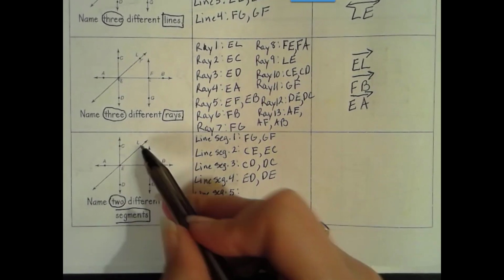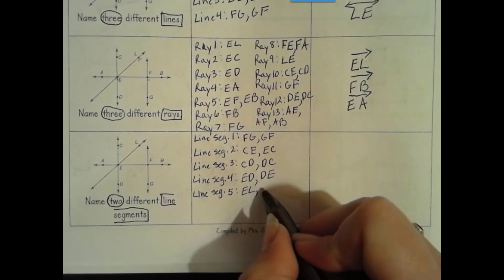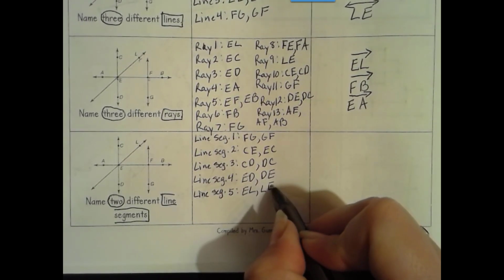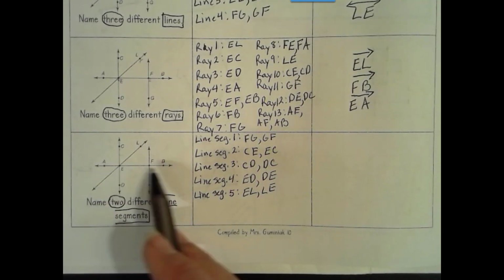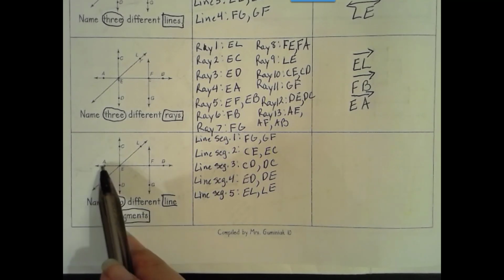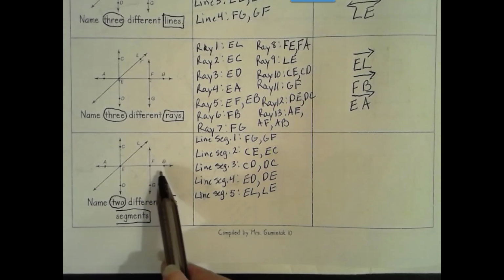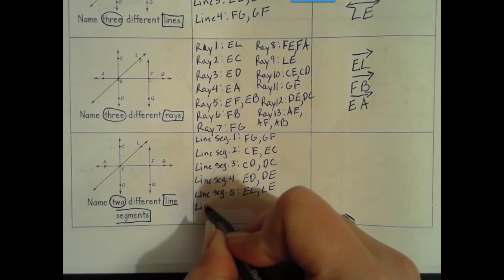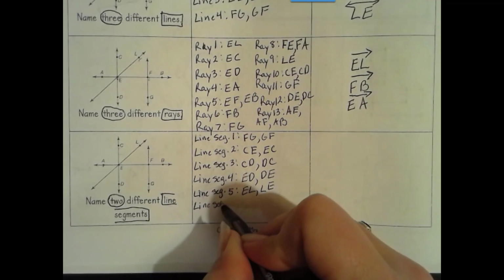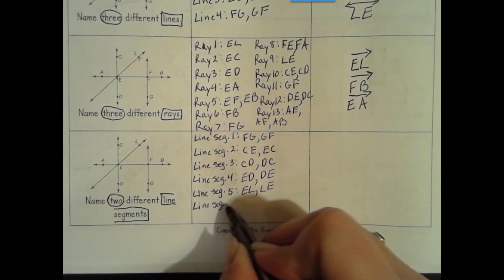We can look at EL or LE. Okay. This one has lots of different line segments. AE, AF, AB, EF, EB, FB. So I'm not going to list them all because I don't have room, but there's a lot on this line, a lot of different segments we could look at.